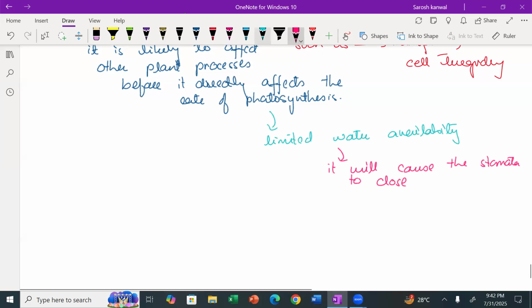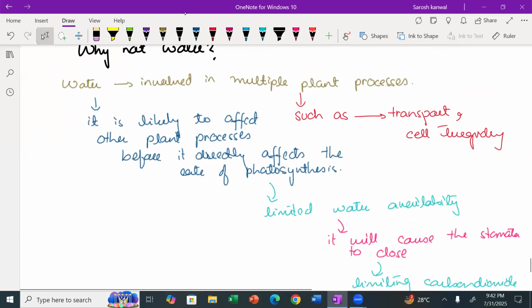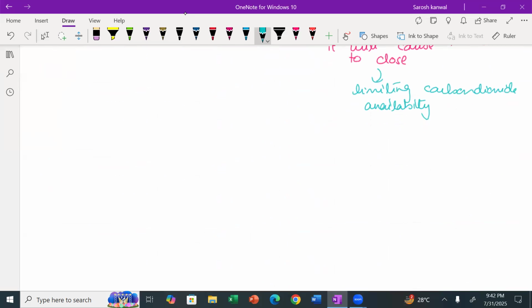And if the stomata are closed, then it will be limiting carbon dioxide availability. Is that clear? Now we can carefully see the different limiting factors.